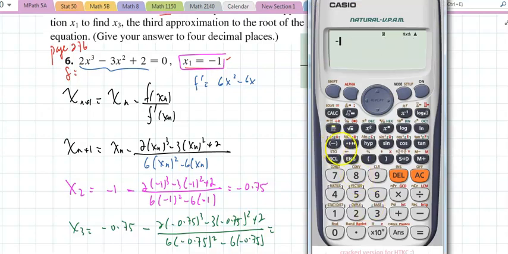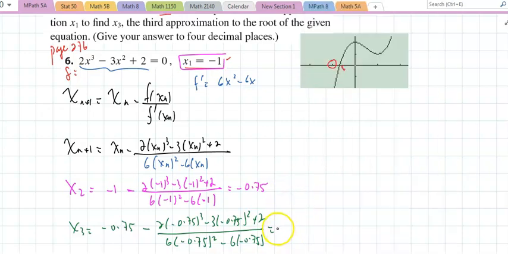Let's take negative 0.75 minus parentheses twice negative 0.75, oops, not squared, cubed, minus 3 times negative 0.75 squared plus 2 divided by 6 times negative 0.75 squared minus 6 times negative 0.75, and if I throw that in, I'm looking at negative 0.6825.